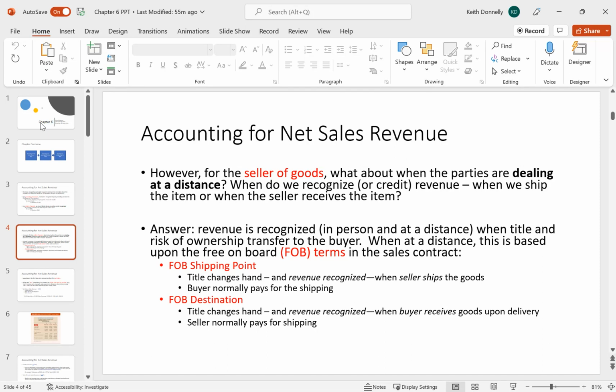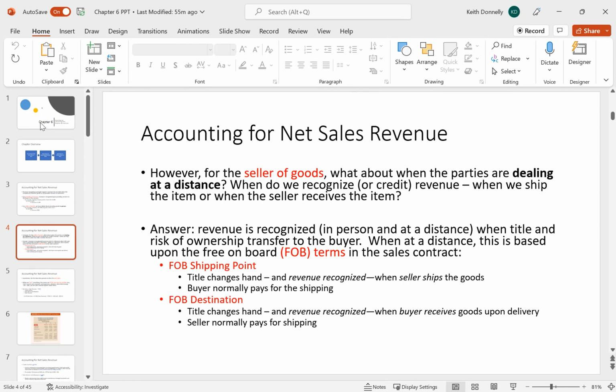Instead, the business and the individual who is buying the good would enter into a sales contract. For example, I live in Pennsylvania, you live in California. I agree to sell to you widgets. Now, in this sales contract, among other provisions, there will be an area about selling terms.